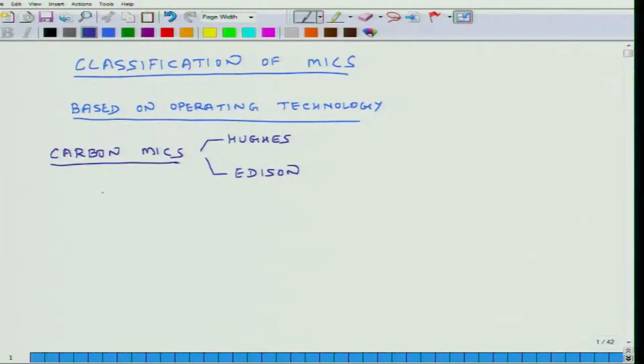So what happens is that you have, let's say, a diaphragm. This is a very coarse schematic diagram.